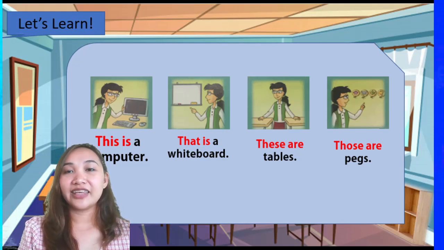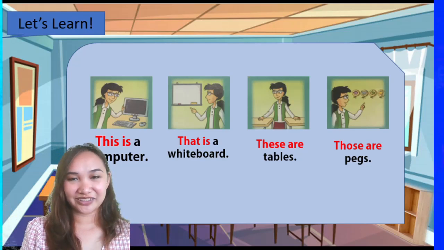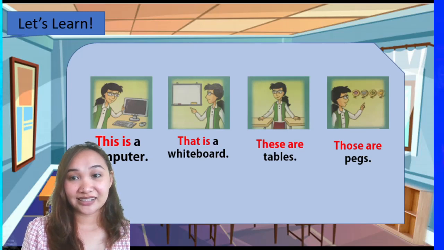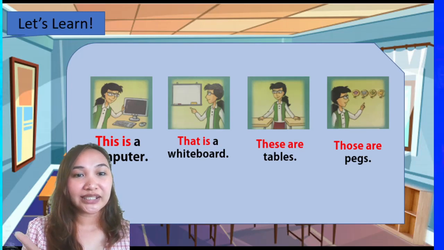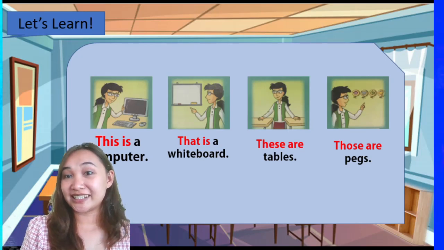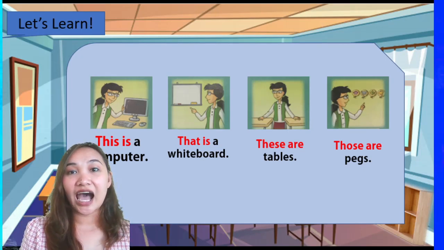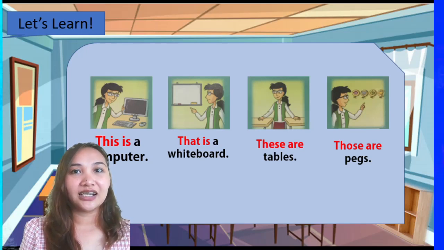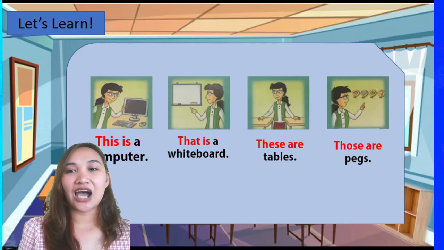So again, the teacher is holding the computer. She says, this is a computer. Next, she is pointing to the whiteboard, so she says, that is a whiteboard. The next example, she is touching the tables, and she says, these are tables.